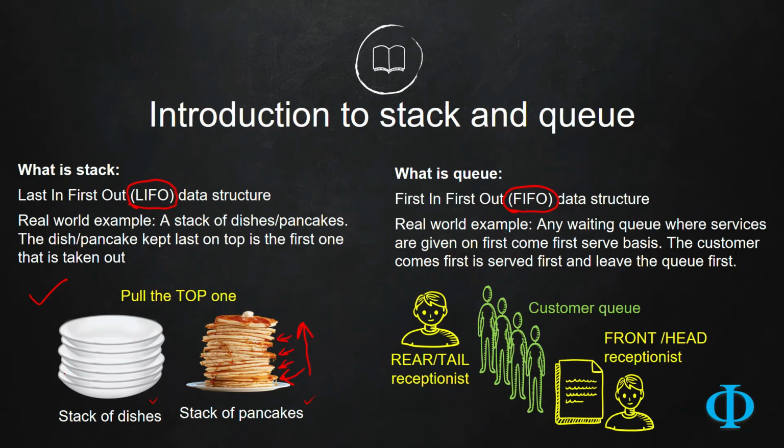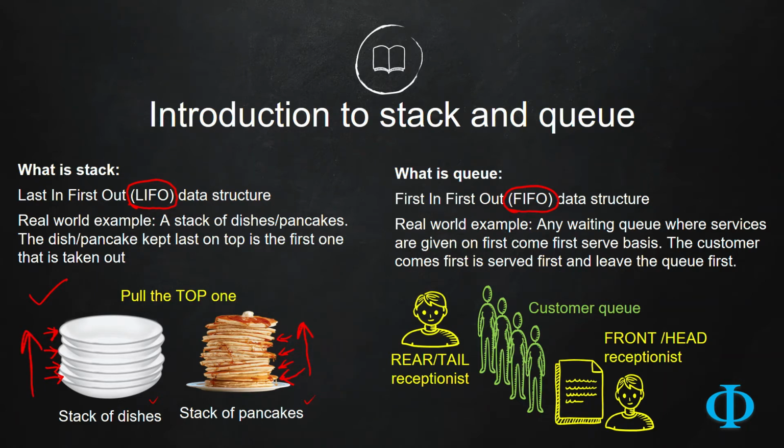The same way, when the washerman puts the dishes on the stack, he or she puts them from bottom to top. That is, first this one, next this one, next this one, like this. So this also grows in this way.